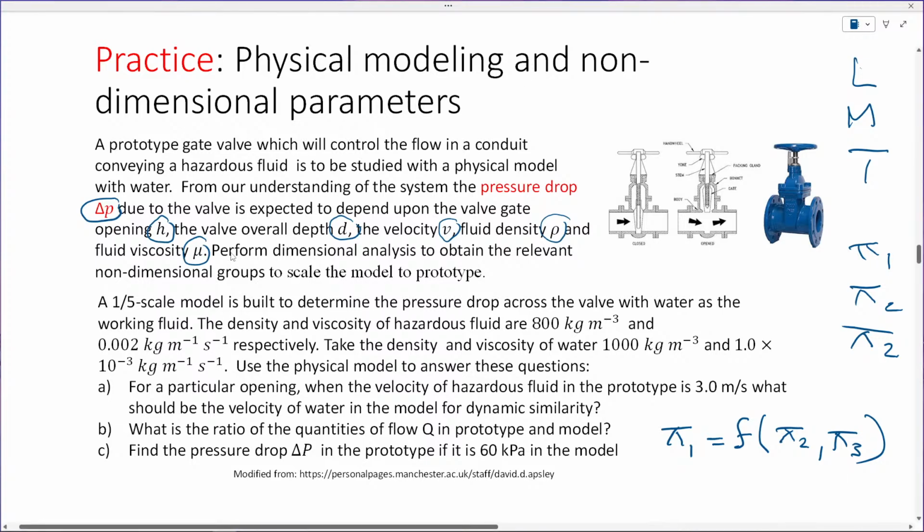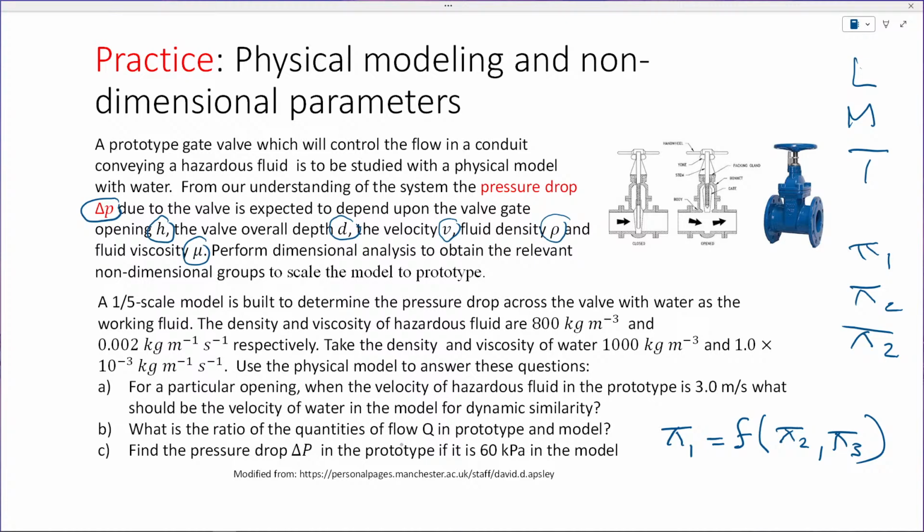So I'm asking you to perform dimensional analysis to obtain the relevant non-dimensional parameters to scale the model to the prototype. Then I'm asking you to solve a problem similar to what we did before. I will give you the density and viscosity of the fluid, for example of water.